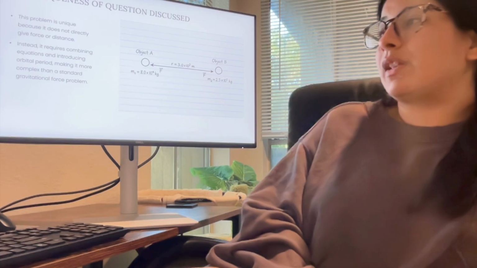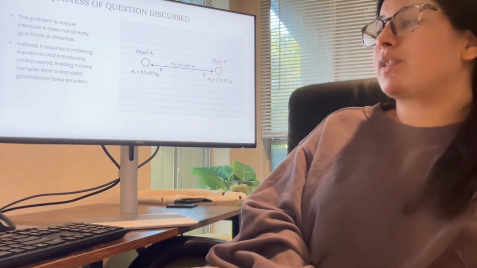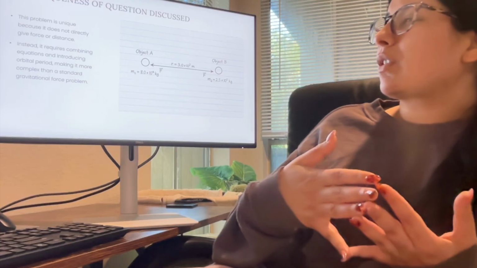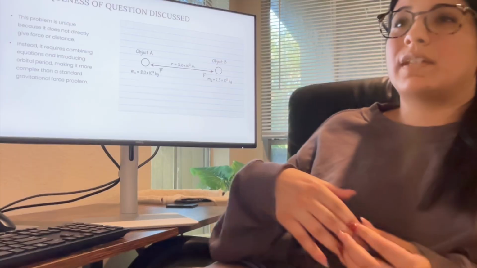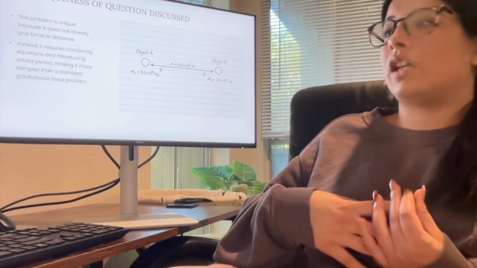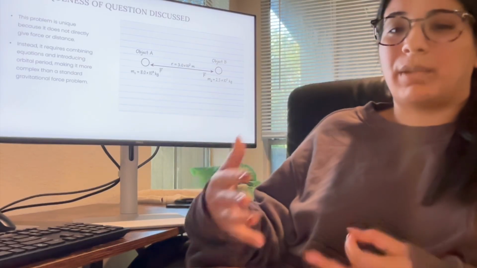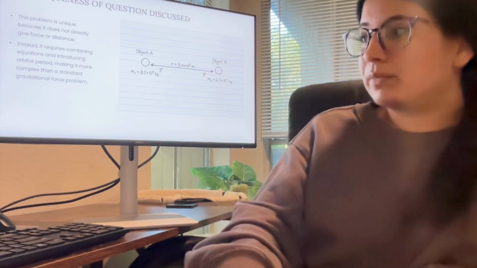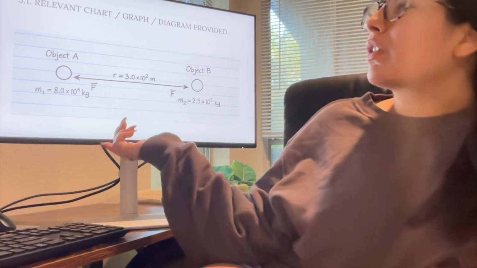You can't just immediately solve it, you have to break it down step by step. This is more like real scientific problem solving. It basically tests your understanding, and it's not just memorizing how to plug something into a formula and solving it. So here's a diagram that I provided.